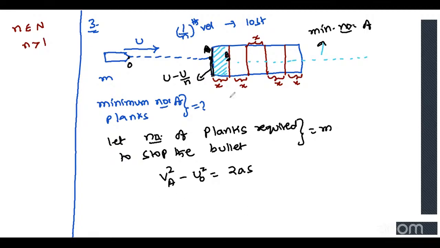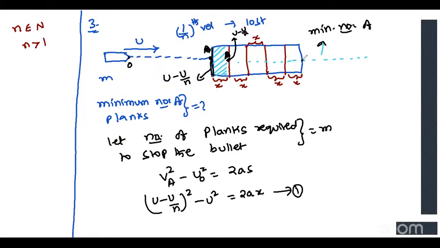So, at A it is (U minus U by N) whole square minus U square equals 2 a x, the distance traveled being X. This is the first equation. At this point the velocity is U minus U by N.